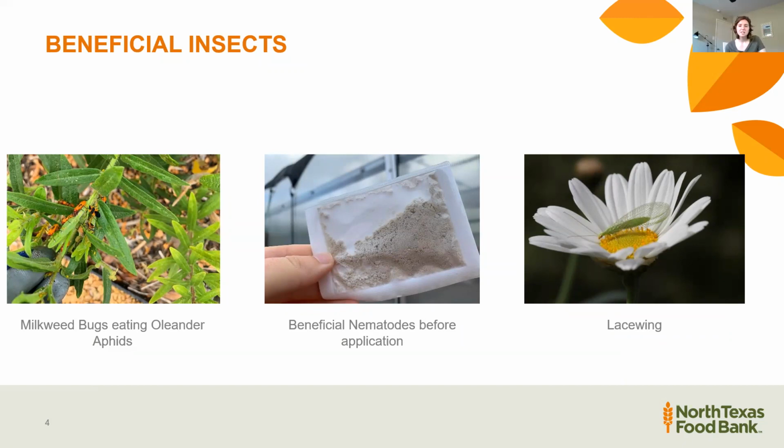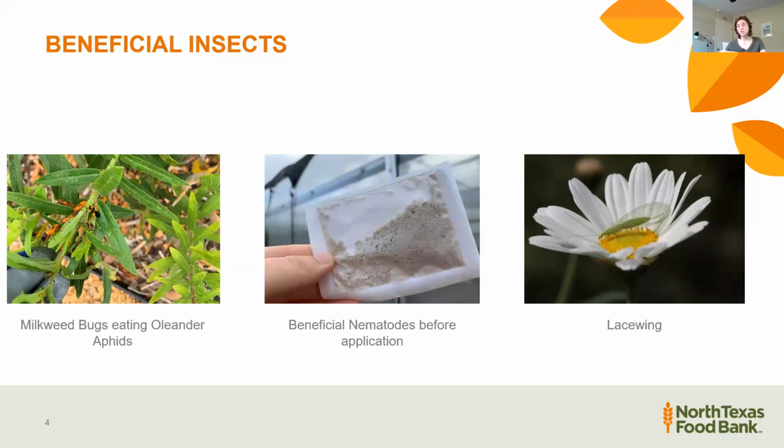In the middle picture, this is what beneficial nematodes look like before you apply them to your garden. So they actually look like a little yeast packet to me. And whenever I got mine, I got them from a local nursery in town, and I had to keep them refrigerated until I wanted to use them. Once I used them, I just used a gallon sprayer, and I mixed it with water, let it sit for a few minutes, and water is going to activate the nematodes.